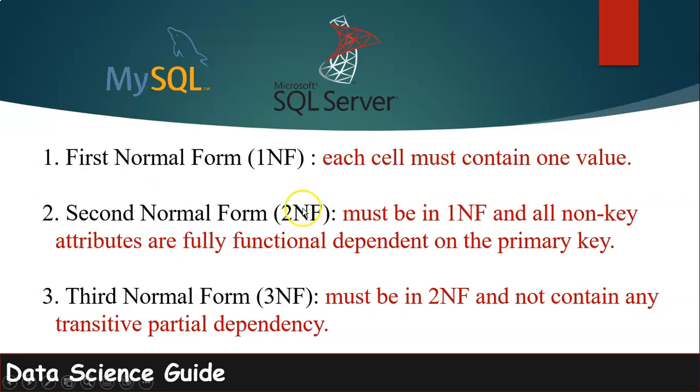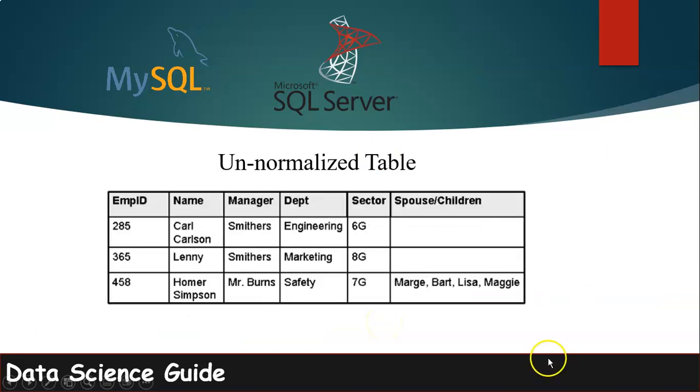And after we achieve these two, we move to the third one, which is the third normal form. This form should meet the second normal form conditions and not contain any transitive dependency. The meaning of that is we should not have any values here, for example, that depend on a column, and this column depends on another column.